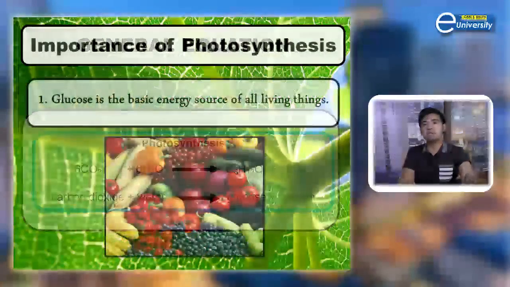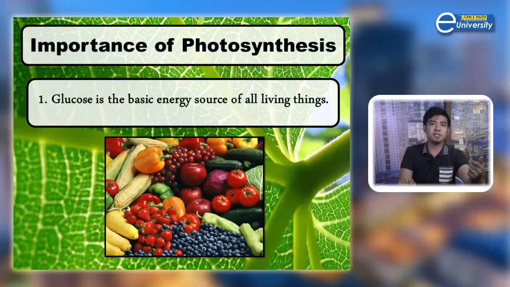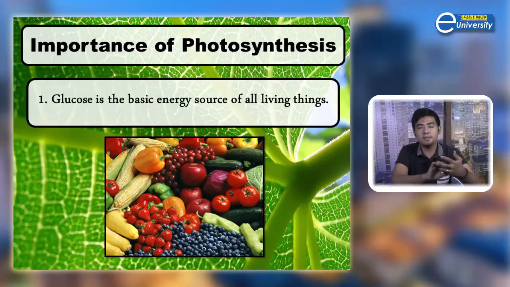How about the importance of photosynthesis? So, number one, glucose, since sugar, as what we discussed in the biochemistry, carbohydrate provides energy for the organism. And glucose is a form of carbohydrates. So, glucose serves as the basic energy source for all living organisms.